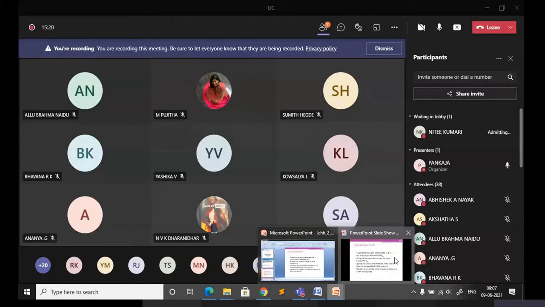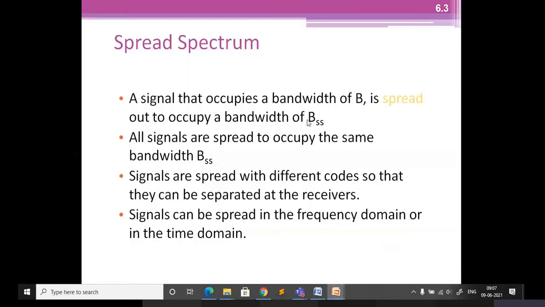What exactly happens with respect to spread spectrum bandwidth? All signals are spread to occupy the same bandwidth BSS. All signals means, as we discussed in multiplexing, the data comes from multiple sources.